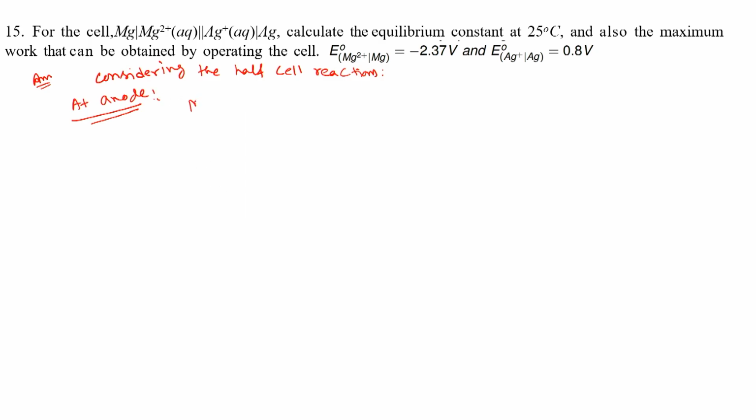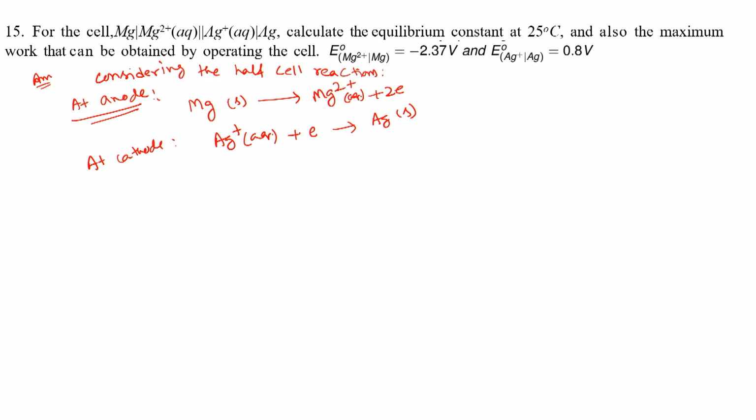So Mg solid goes to Mg2+ plus 2 electrons, and at cathode reduction takes place. So Ag+ aqueous plus 1 electron gives Ag solid. Okay.